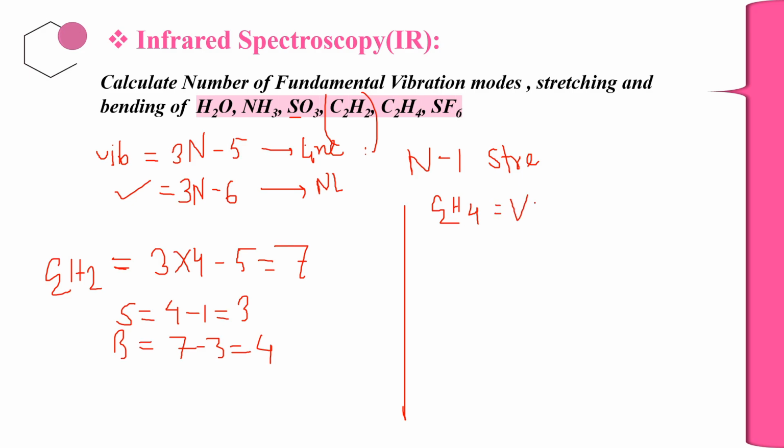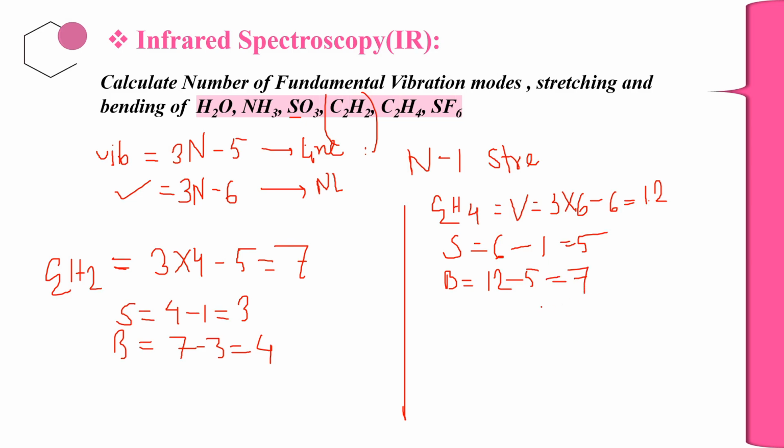That means the number of vibrations is equal to 3 into 6 minus 6, that is 12. The ethylene molecule has 12 modes of vibration, out of which the stretching is 6 minus 1, that is n minus 1, that means 5, and bending is 12 minus 5 equal to 7.